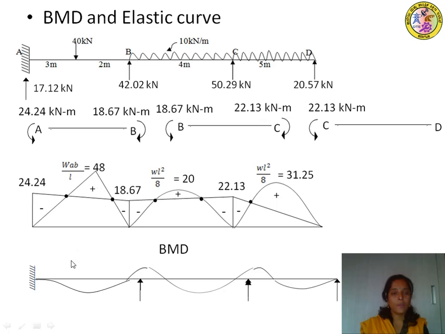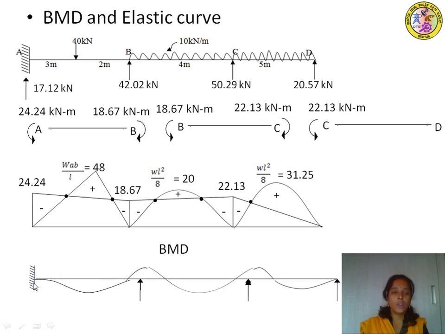At the support B, negative bending moment occurs, therefore a hogging bending moment takes place. The beam hogs in the upward direction, and then again in the mid portion for BC member, sagging bending moment dominates, so the beam deflects in the downward direction, and at C hogging bending moment, and at D bending moment is 0. So the deflected curve will just join at point D.